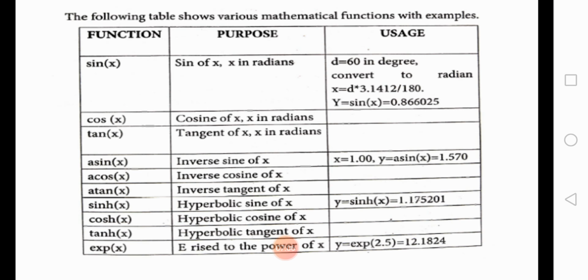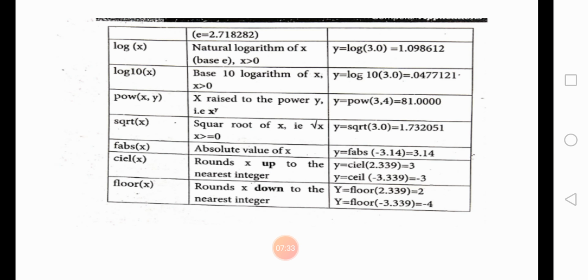Tan of x, tangent of x, x in radians. Asin of x, inverse sine of x, x equal to 1.0, y equal to asin of x equals 1.570. Whatever value we have will be placed inside the parentheses, and we will get the value of y. Same thing for the remaining examples of mathematical functions.